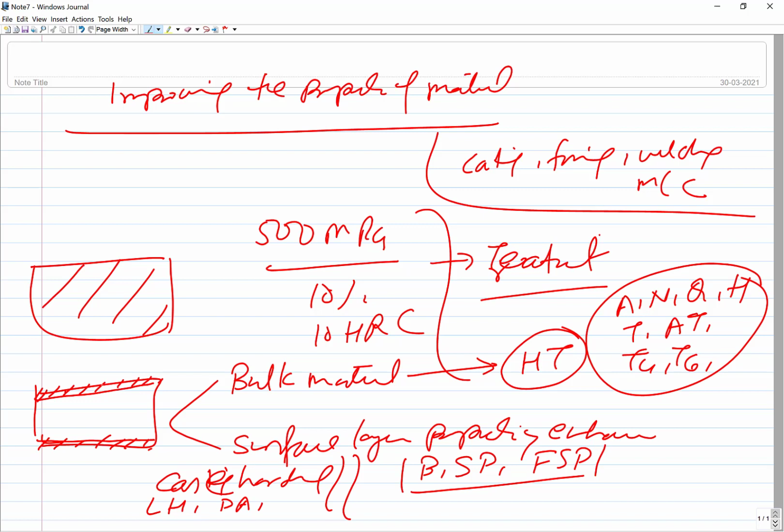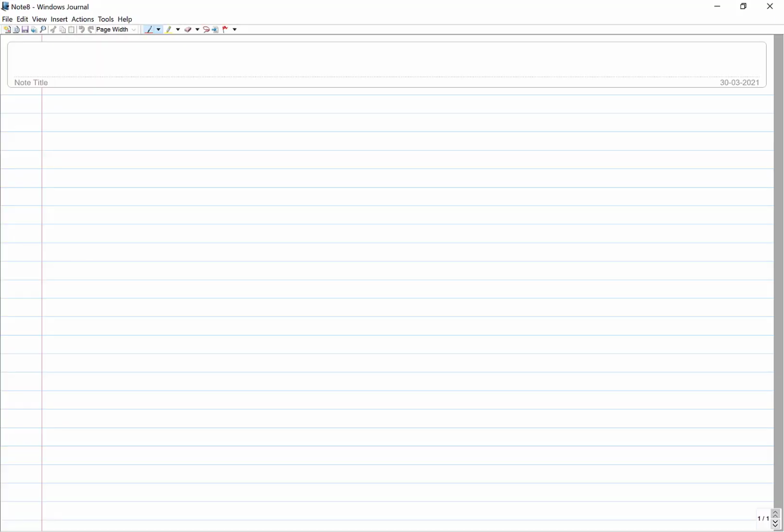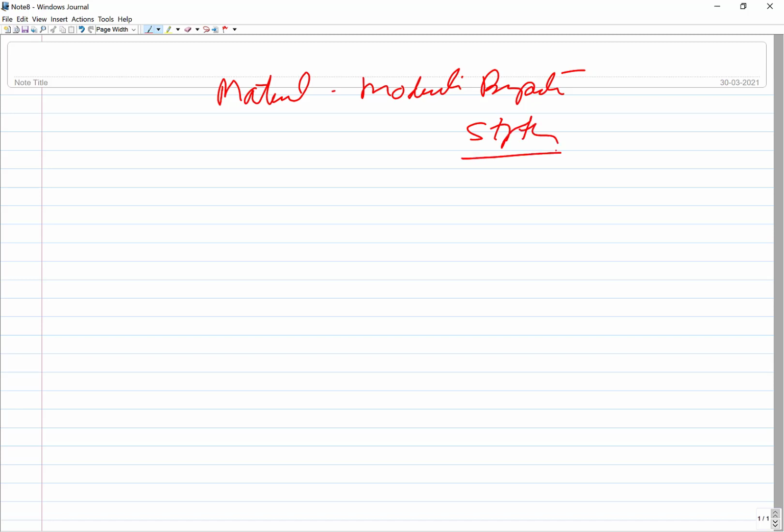Okay, so if you see, there is a very wide range of processes as far as conventional manufacturing is concerned. But conventional manufacturing processes are good for materials of moderate properties. What is this? Materials having limited strength, limited hardness, limited melting point.